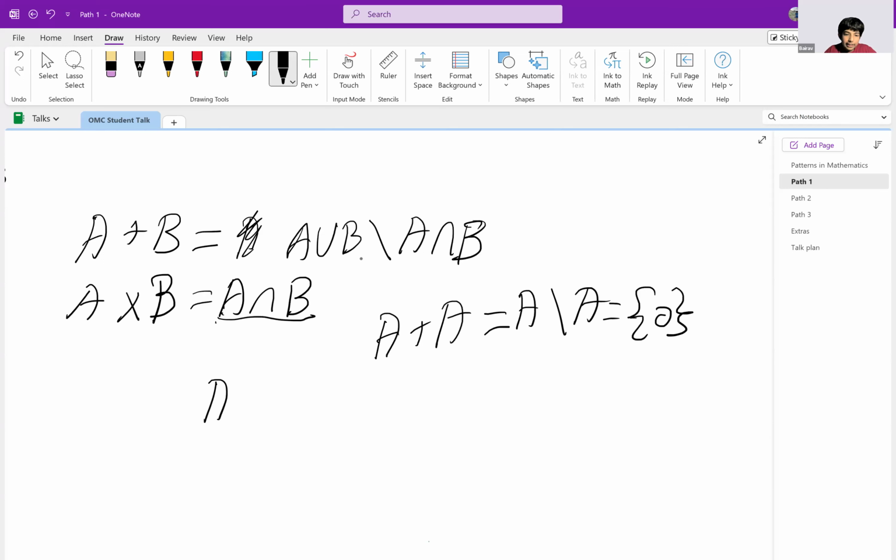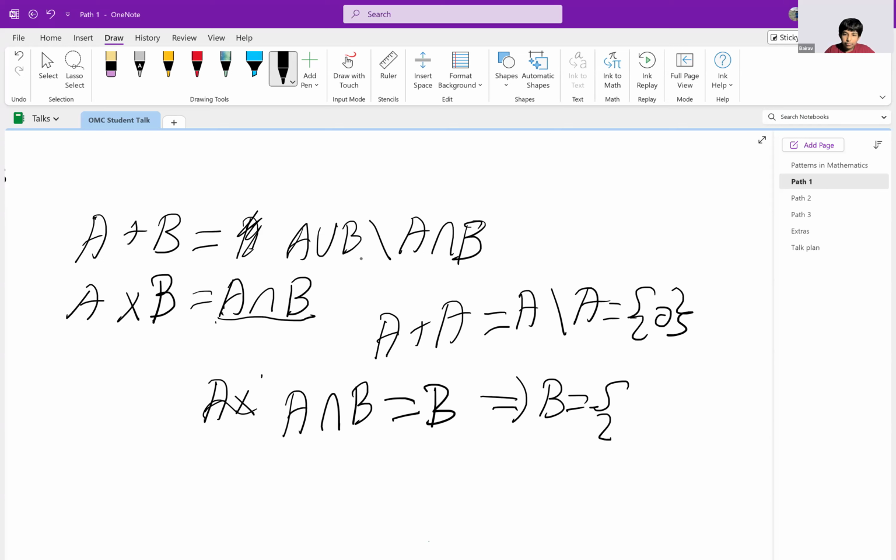That will have the property that A intersection B is equal to B, which would mean that B is equal to the empty set. But then again, the empty set is also 0, the additive identity.